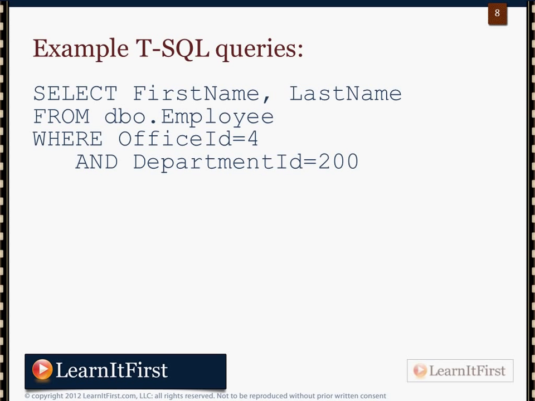Just a couple of Transact-SQL queries here I think would be helpful. In this case, we have a select query. A select statement, as we'll learn, is a read-only statement. We're not modifying the database. We're simply sending data back to the caller. What are we sending back? We're sending back two columns, first name and last name. Where did we get the data in those columns?